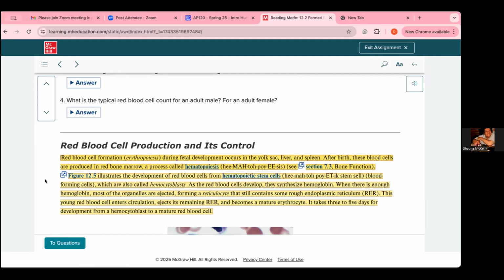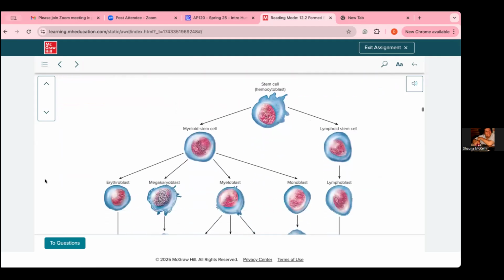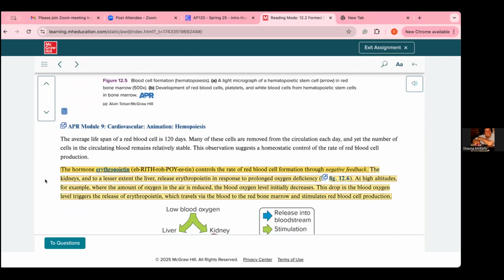It ejects its remaining rough endoplasmic reticulum and becomes a mature erythrocyte. It takes 3 to 5 days. But okay, keep going, because that was the last question that we answered. That's not this question. Is there more underneath about the type of, okay. The hormone, okay, here we go.